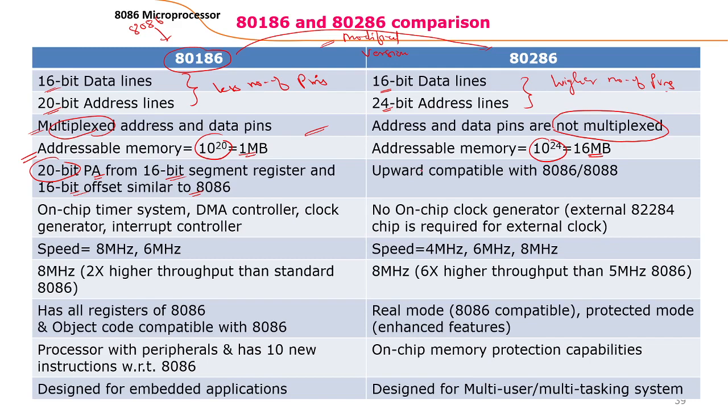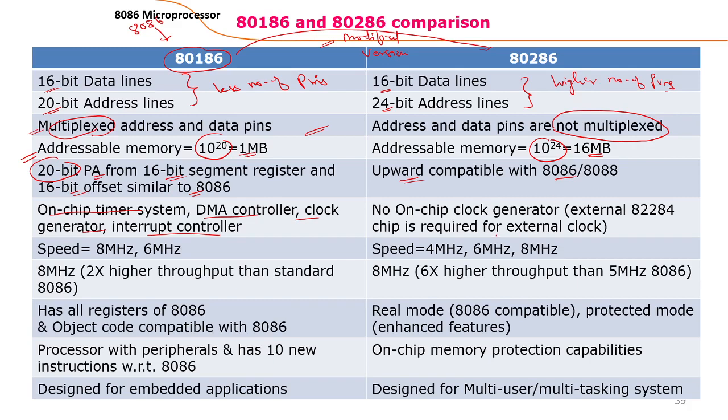But 80286 is upward compatible with 8086, that means whatever programs are written in 8086 can run on this 80286 also. On 80186, the on-chip timer, DMA controller, clock generator and interrupt controllers are available on the 80186 only.